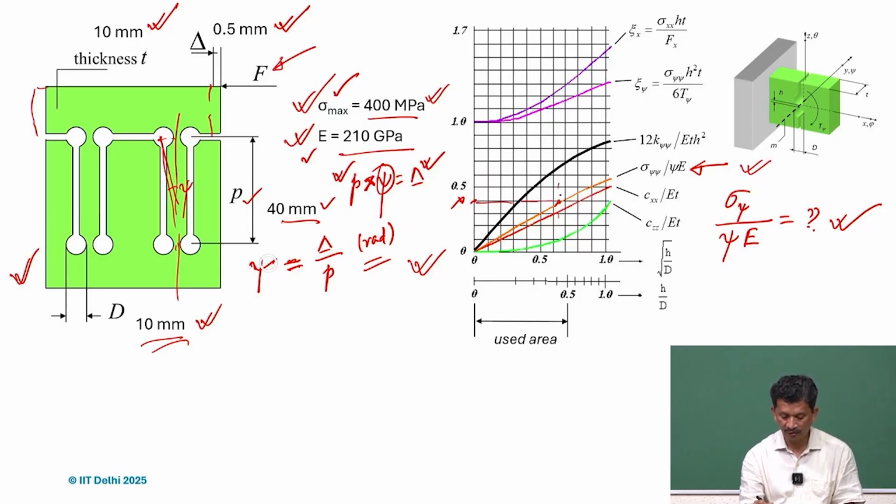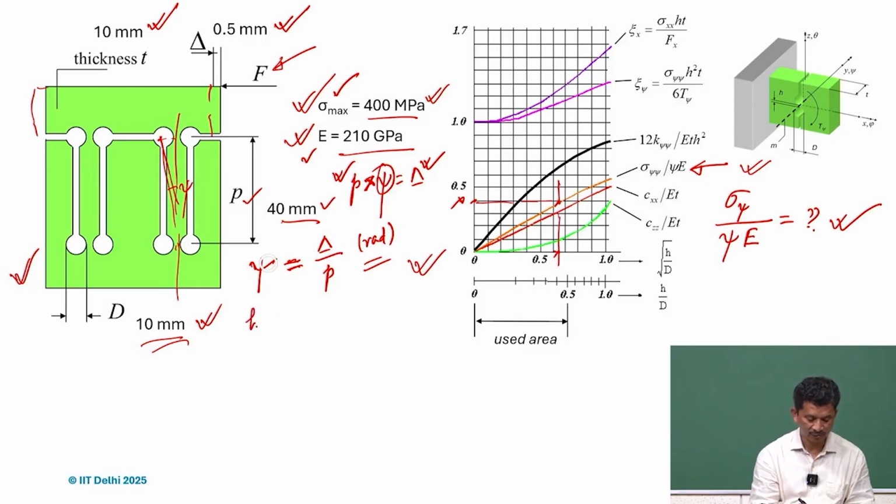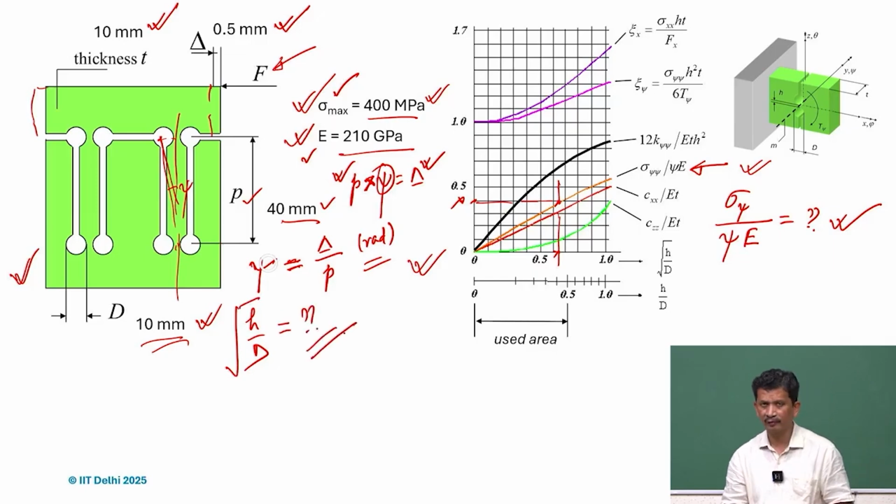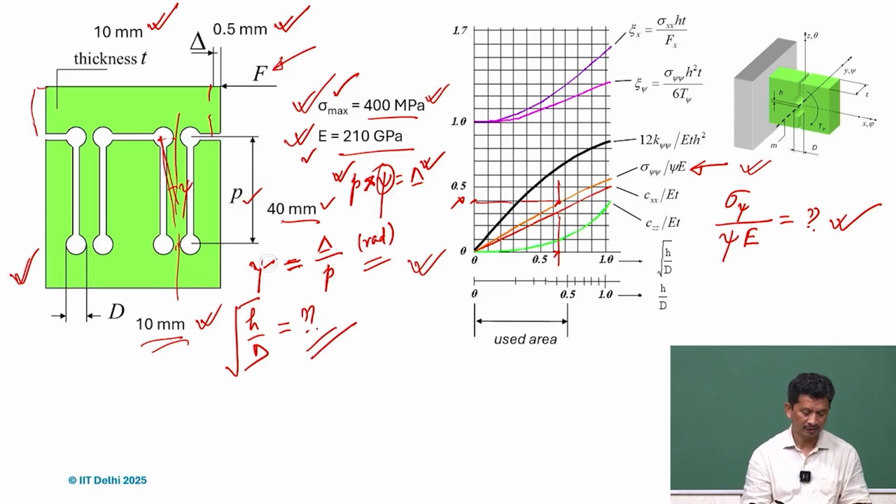Based on that sigma value, I can also find h by d, or under root h by d, whichever we find convenient. Once h by d is given, h can be calculated as d is known. h is some number times d.